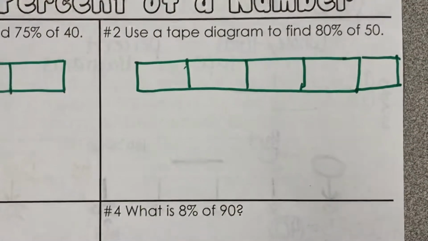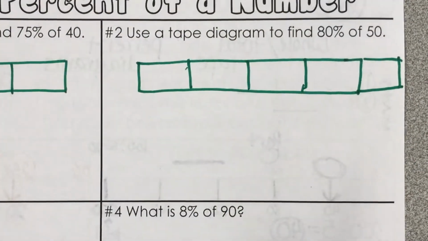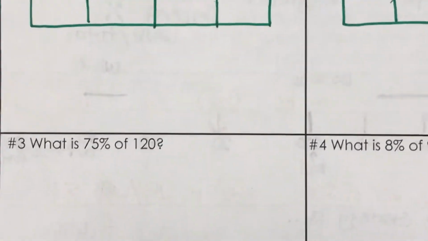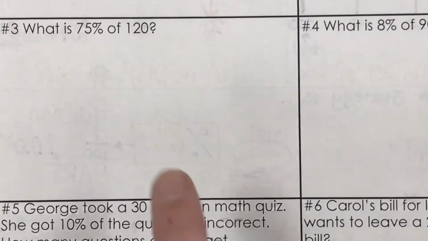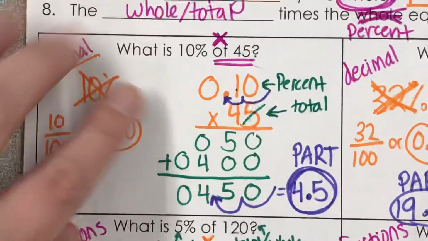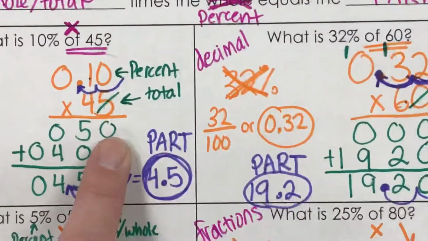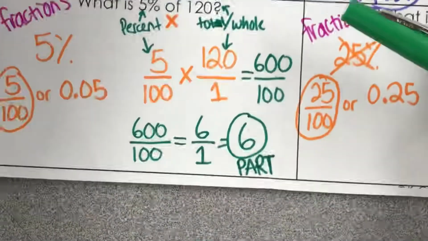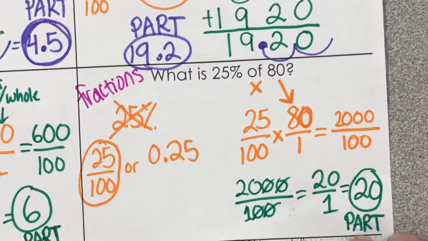Sorry. Hopefully it's neater on your paper. So there's your tape diagrams to get you started. Then the same can be said for all the other ones. You can either make a tape diagram, change the percents into decimals and multiply, or change the percents into fractions and multiply.